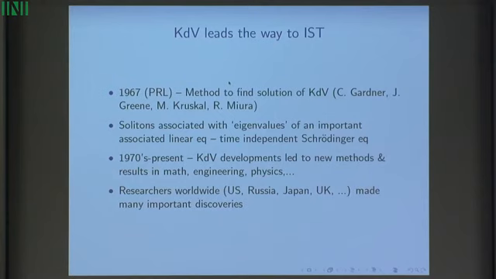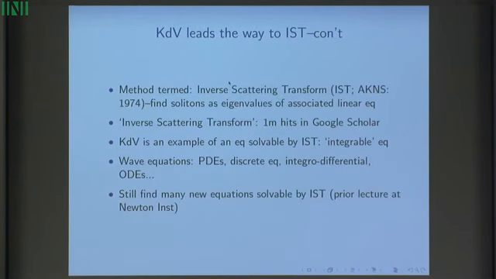Now, there's so much, I'm not going to go through all of it. It's impossible. But I did give, in my earlier lecture at Newton, some indication of who fit into what in those days. But I will say we came up with this idea of how to look at these problems. We called it the inverse scattering transform. My colleagues Dave Kaup, Alan Newell, Harvey Segur, and myself found a broad system of equations.